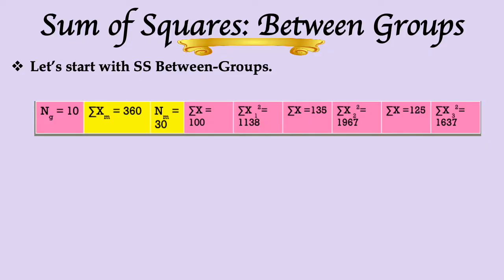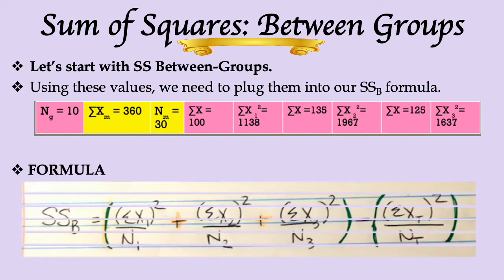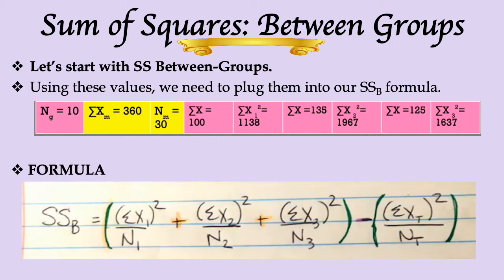So let's start with sum of squares between groups. Using these values, we are going to plug them into our sum of squares between formula. We know that the sum of x for before taking the course is going to be 100. And we know that 10 participants participated in the test before the course, so we're going to have 100 squared divided by 10.